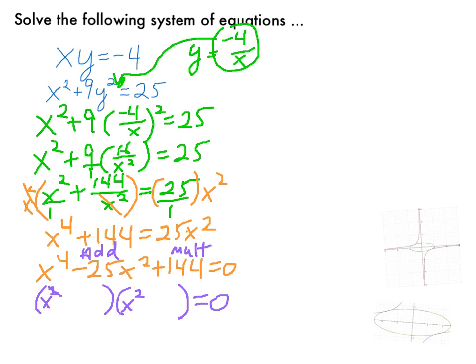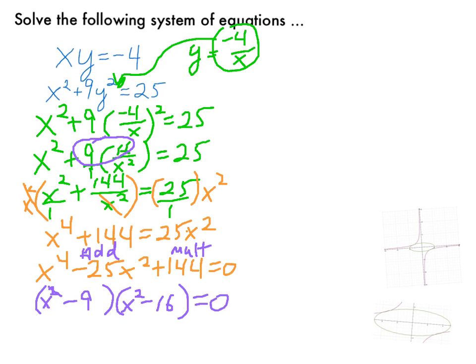Now, the first thing you think of with 144 is 12 and 12. Well, that's 24, not 25. But if you remember right back up here, we just multiplied a 9 and a 16 and got 144. So guess what? A negative 9 and a negative 16 would work just fine.